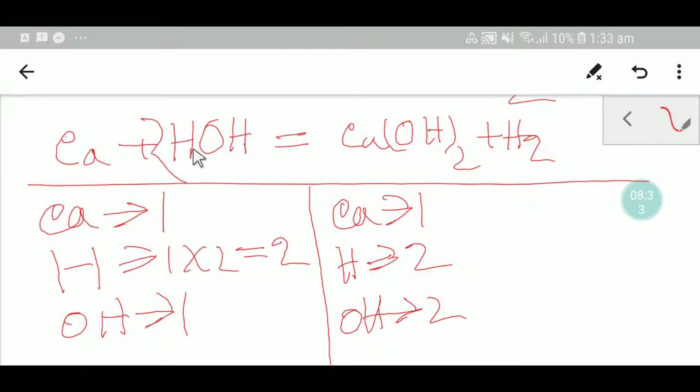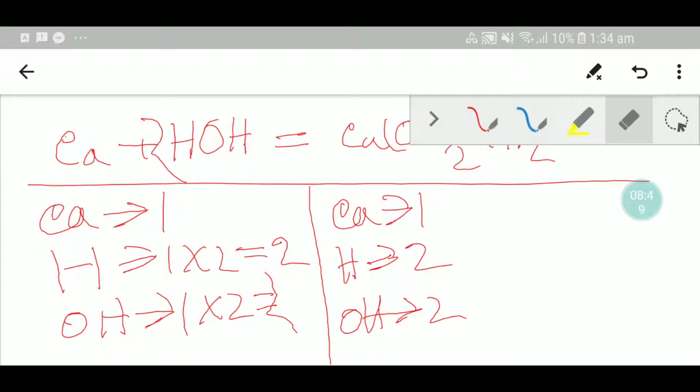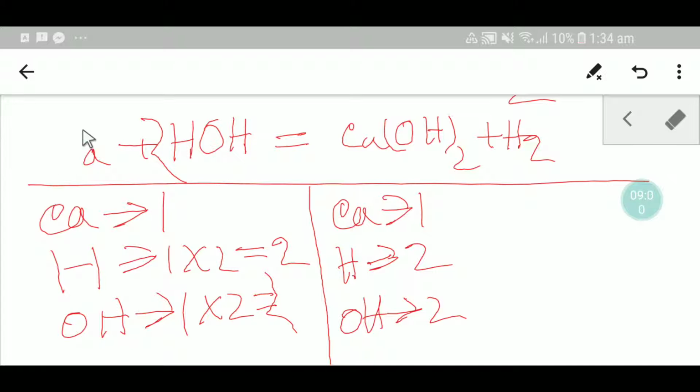If I place here 2, the number of hydroxide ion will be updated, that is I will get 2 hydroxide ion here, right? Now if you compare the number of atoms from both sides, everything will be equal, so you can say that this is the balanced equation, right?